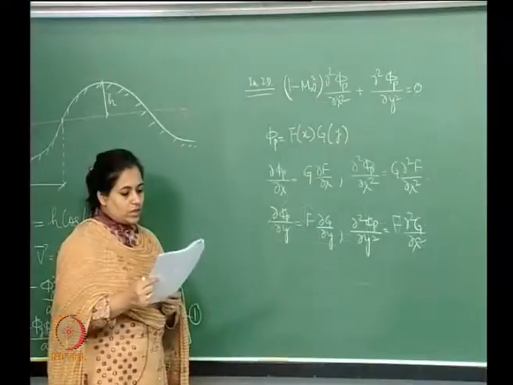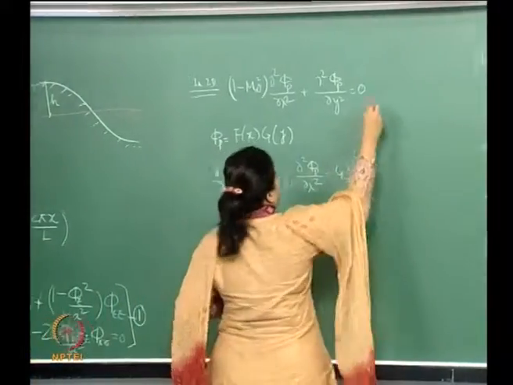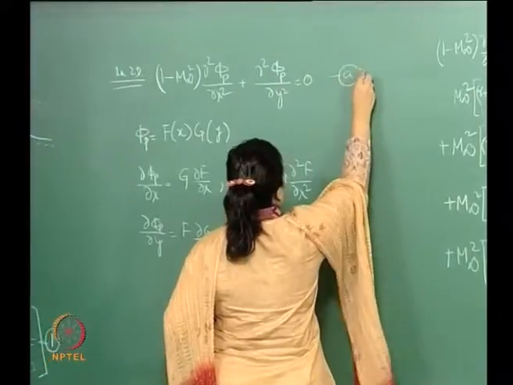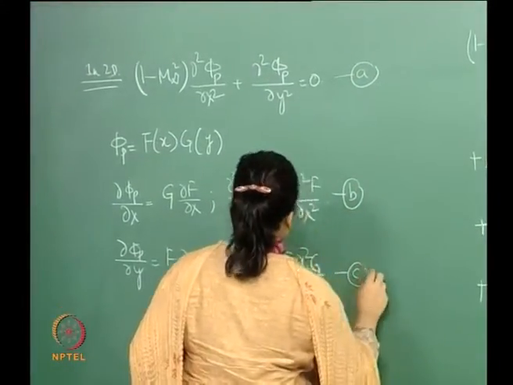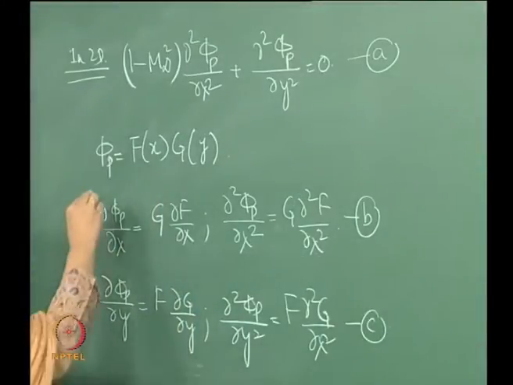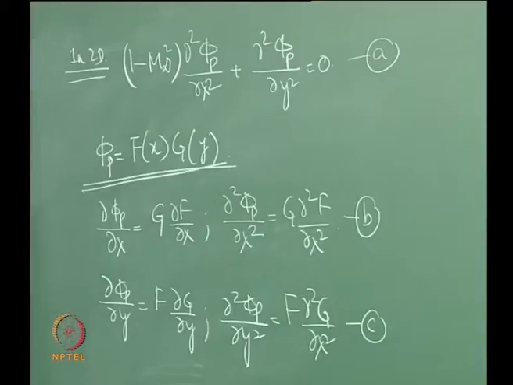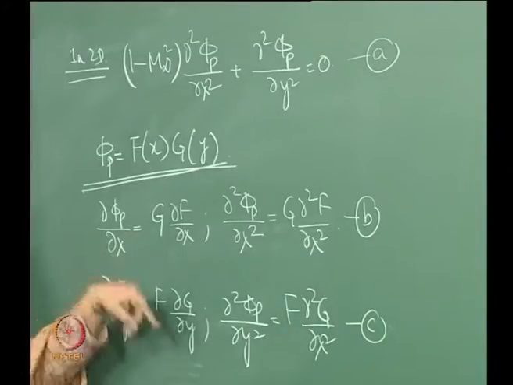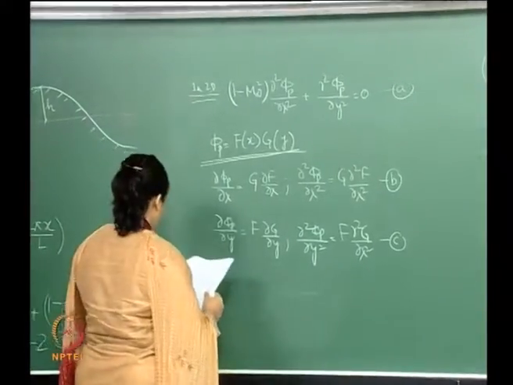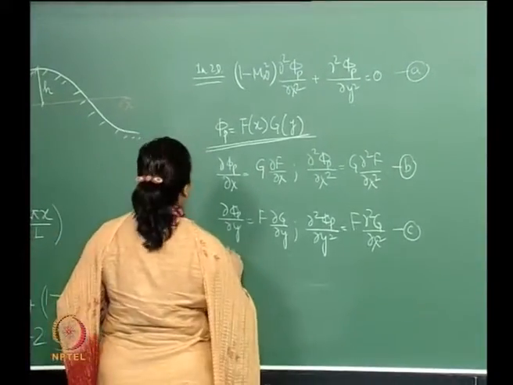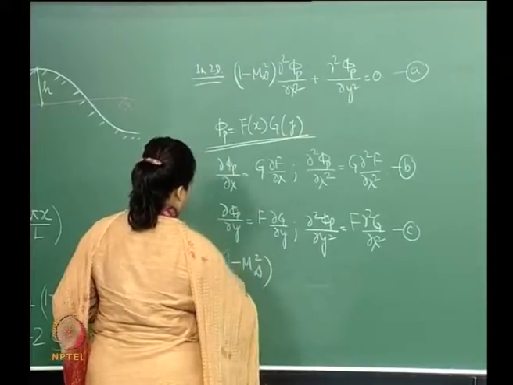Now, let us say this is our equation A. So we have this expression here and this expression here using a separation of variables. So if I do this, I will use B and C into A. So if I do that, what do I get? So what essentially I get is, right.